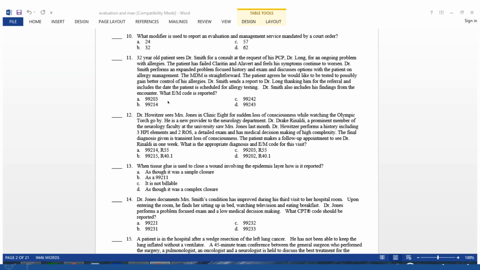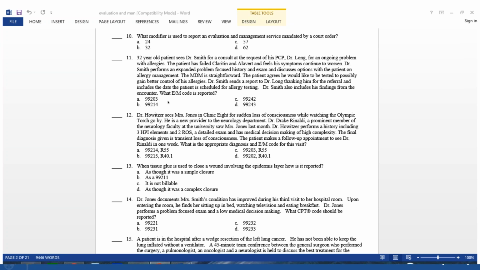We already know it's either going to be A or B for our answer for number 12, right? So let's see what's going on here. Well, first of all, I can look at 5 and I know my 5s need to be high, right? Complex, complete, that type of thing. But let's keep reading. So Mrs. Jones came in last month. Dr. Hauser performs a history, including, look, keep your finger on page 7.